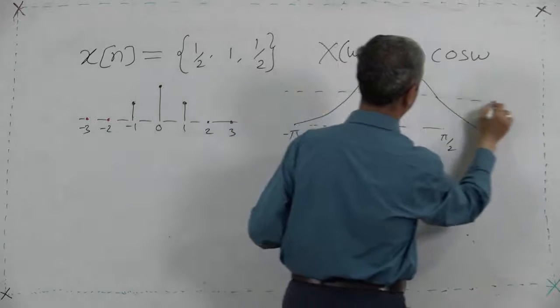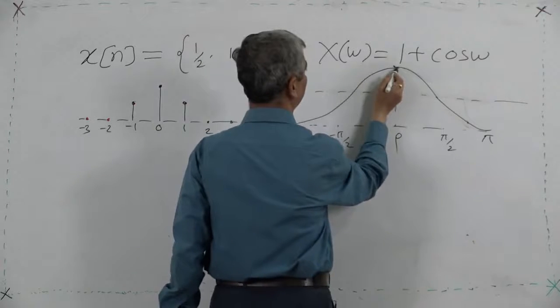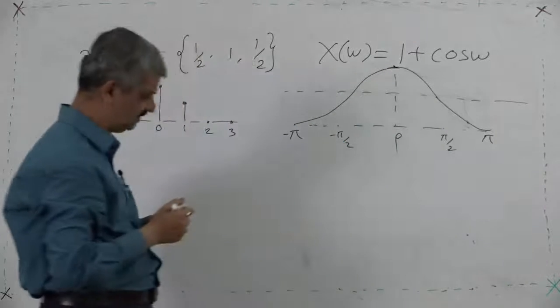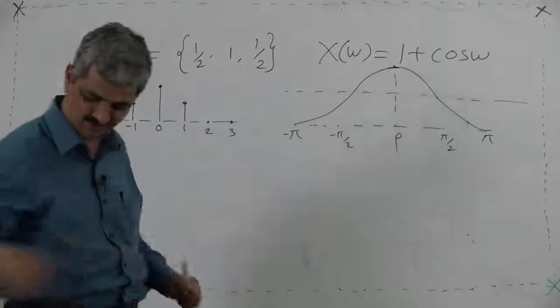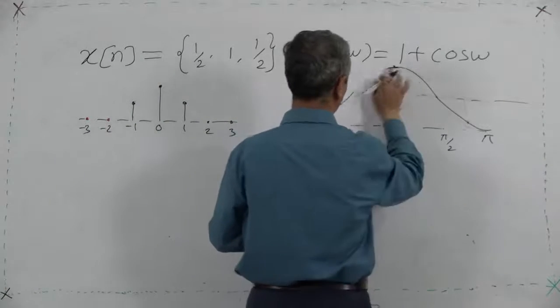If I shift the axis, it is simply a cosine waveform. It is not seen as symmetric because of poor drawing, but we will try to make it so.